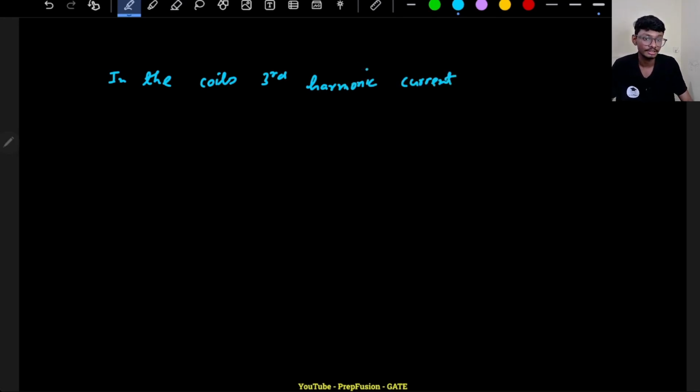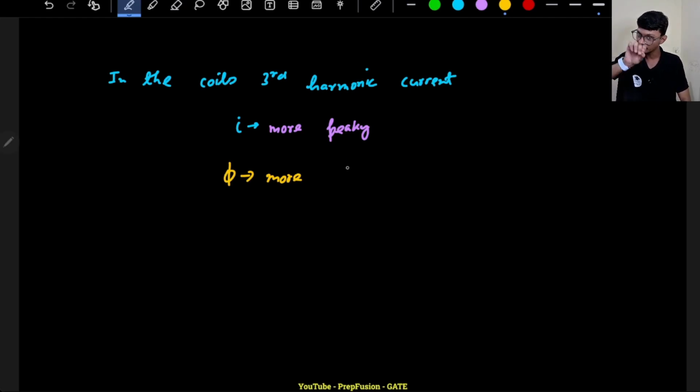And if third harmonic current is flowing in the coil, the current is more peaky, right? So phase current will be more peaky. So if phase current is more peaky, then the flux, induced EMF, flux will be more sinusoidal. It will move more towards sinusoidal. That is the conclusion in delta.